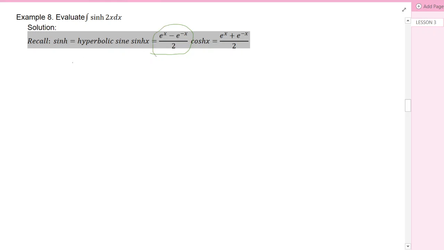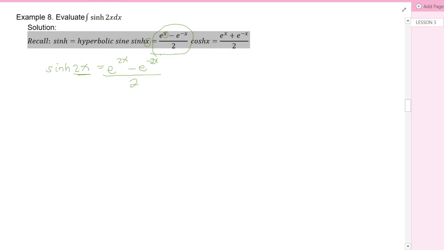So sinh 2x is e raised to 2x minus e raised to negative 2x, divided by 2. So that is supposed to be raised to negative 2x.